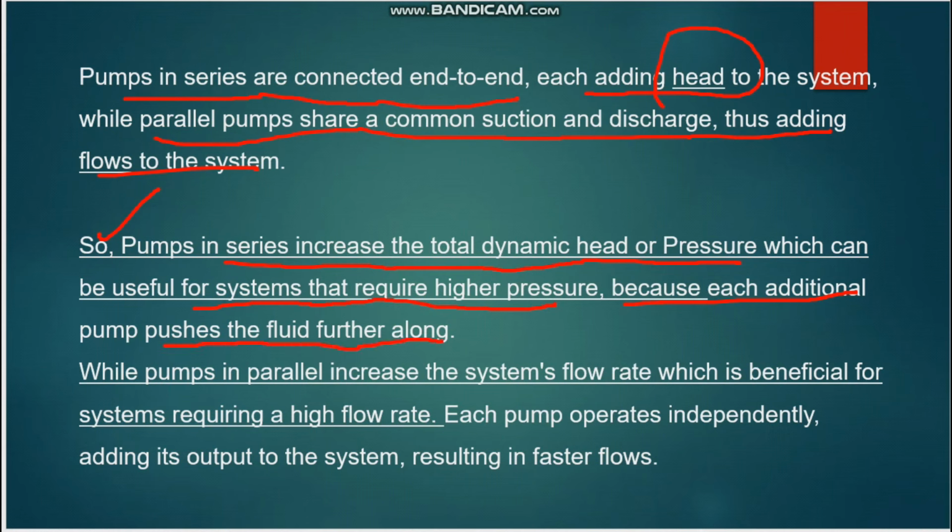Coming to parallel, it increases the system flow rate, which is beneficial for systems requiring high flow rate. Each pump operates independently, adding its output to the system, resulting in higher flows. So this is the main difference if the pumps are arranged in series or parallel in the pump room.